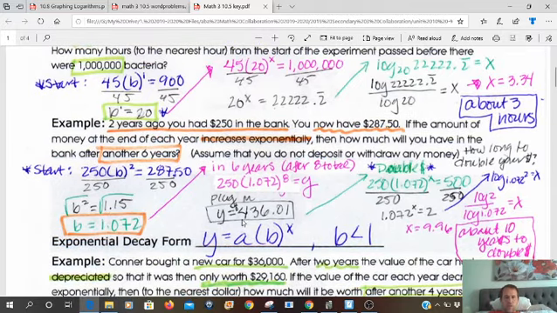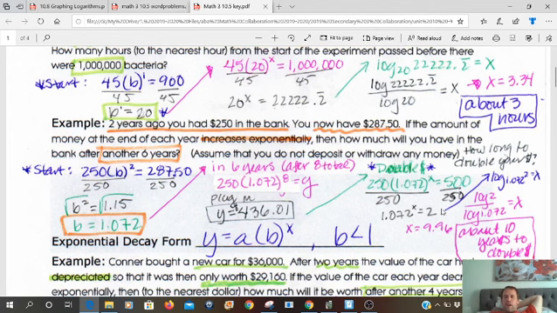$436. Cool. And then this is just an added thing that you don't necessarily have to do, but they threw this on here just in case you see a problem like this. How long would it take for your money to double? How long would 250 reach 500? You can do 250 times 1.072 to the x power. To double your money, you set it equal to 500.